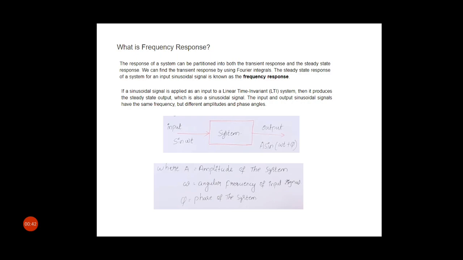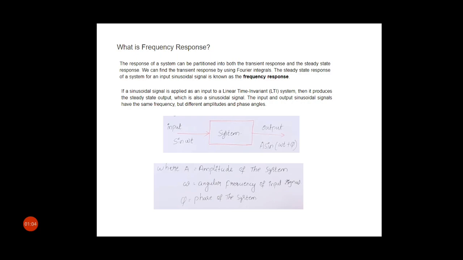For example, if you are exciting your LTI system with some sinusoidal signal like sin omega t, cos omega t, sin 2 omega t, cos 2 omega t, then you will get the same kind of signal at the output.